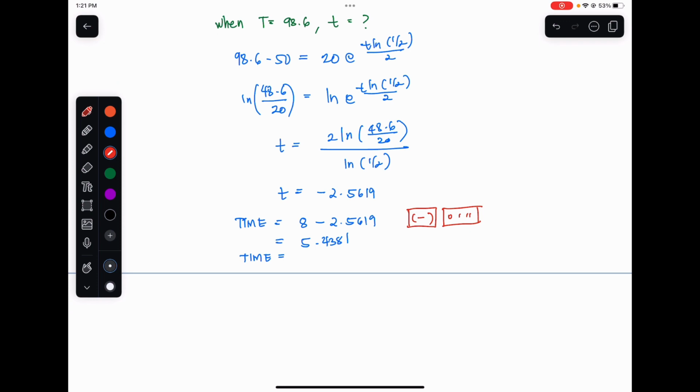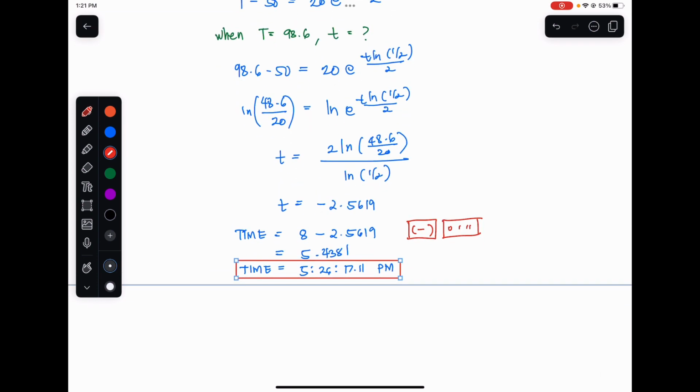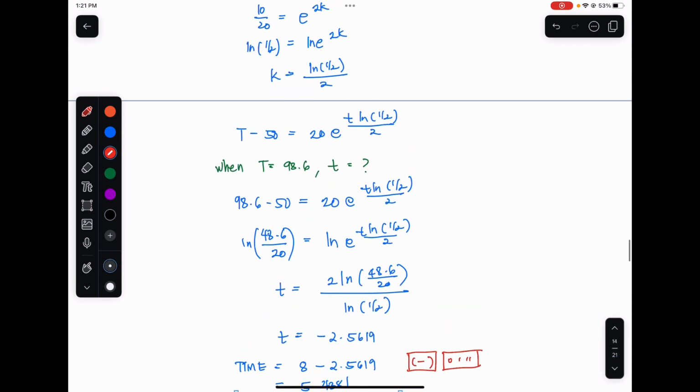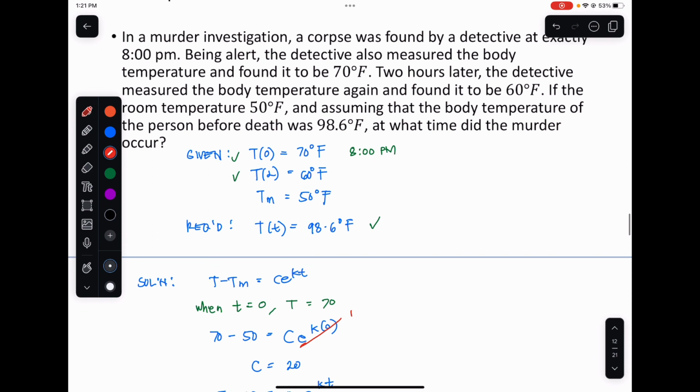Pressing that button will transform the 5.4381 into 5:26 and 17.11 seconds p.m. So this is the exact time of the murder: around 5:26 p.m. And that is how murder cases determine the approximate time of when the crime was committed.